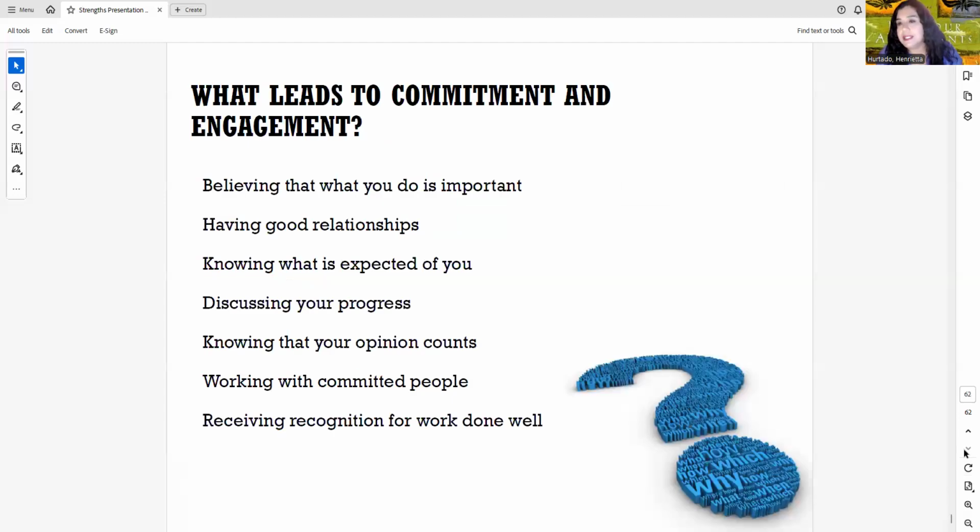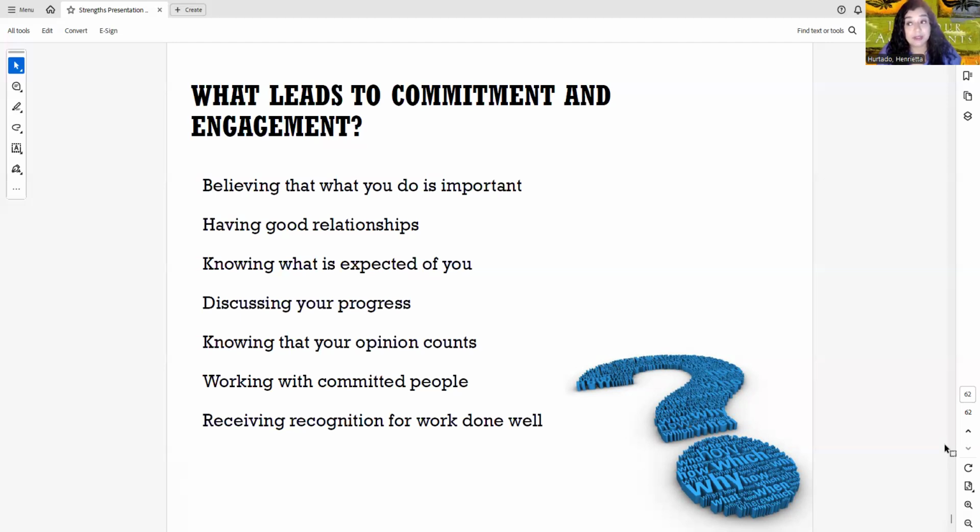So, what leads to commitment and engagement? Number one, believing that what you do is important. You are important. Having good relationships, especially with yourself. Knowing what is expected of you. Discussing your progress and reflecting on your progress.